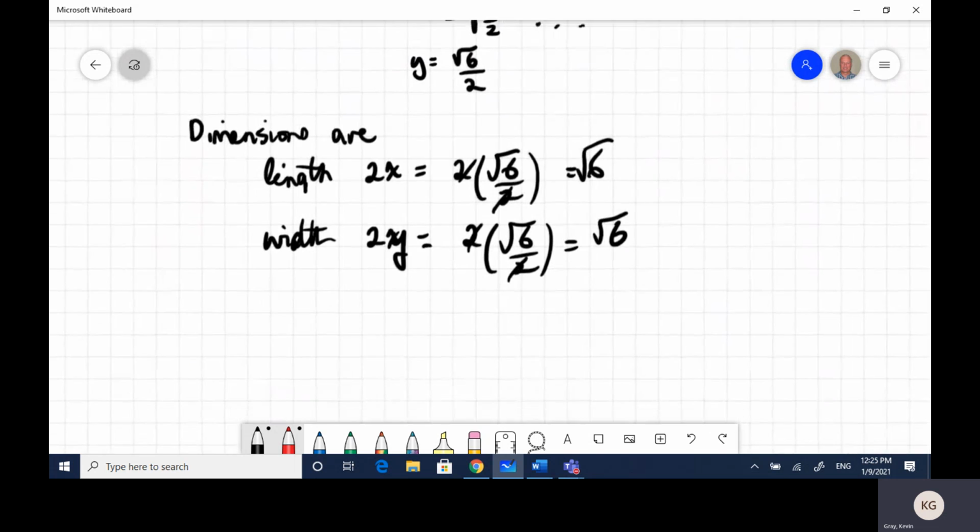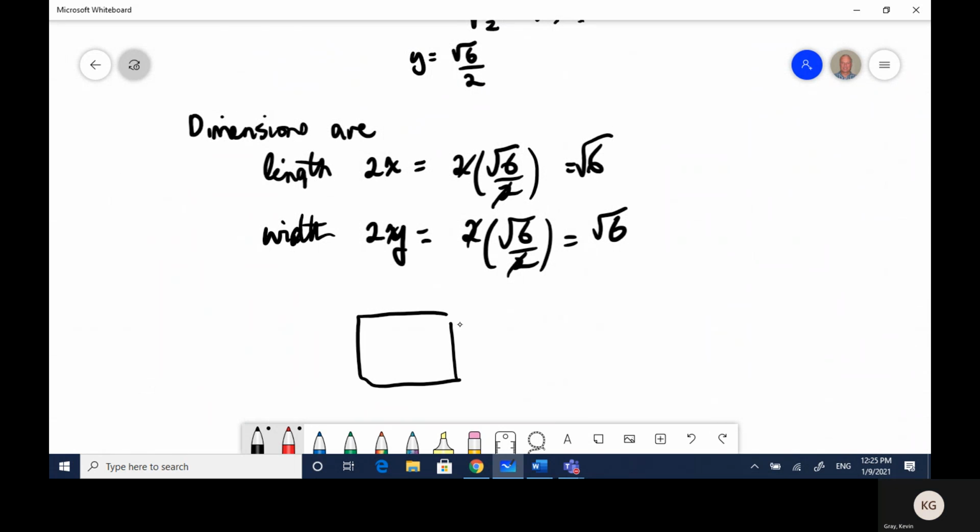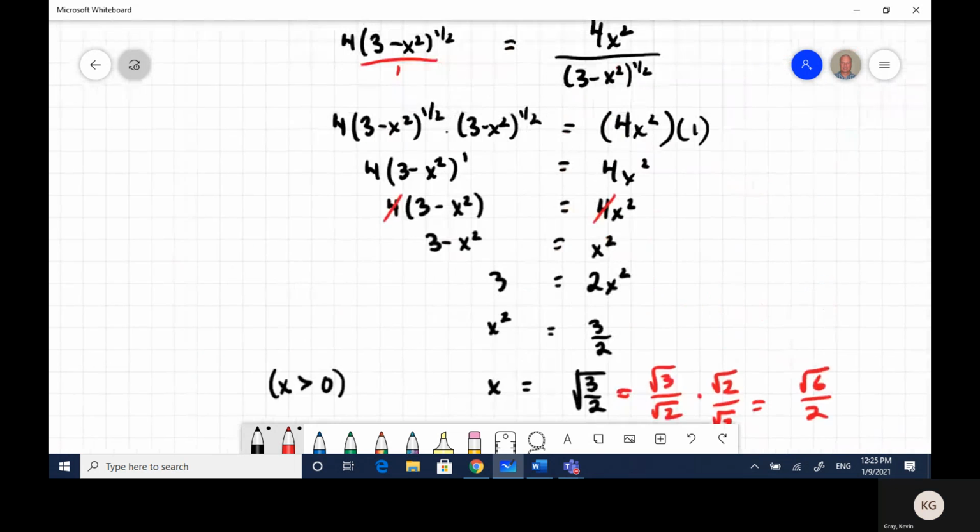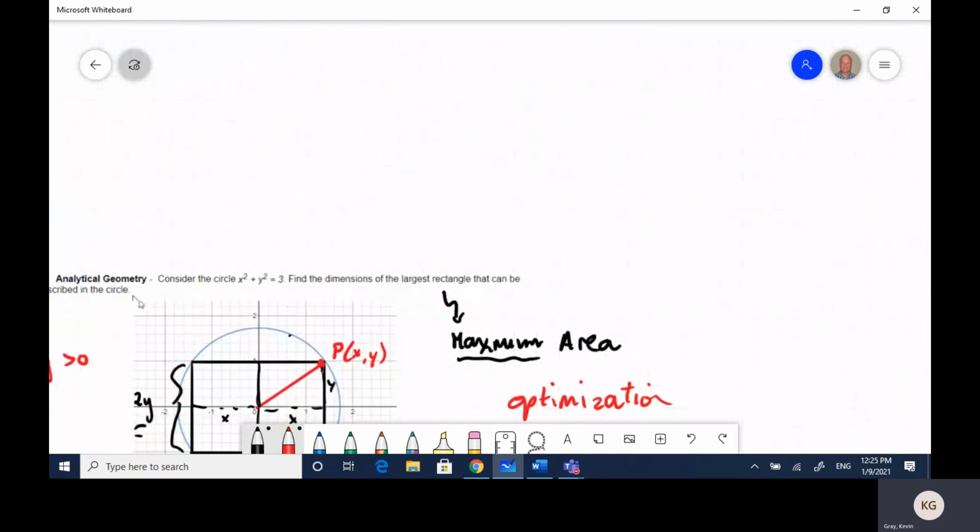So the dimensions are root 6 by root 6, a square. I think that's all I'm asked in the question. What are the dimensions? Find the dimensions, and I just found that. It's a root 6 times root 6 square.